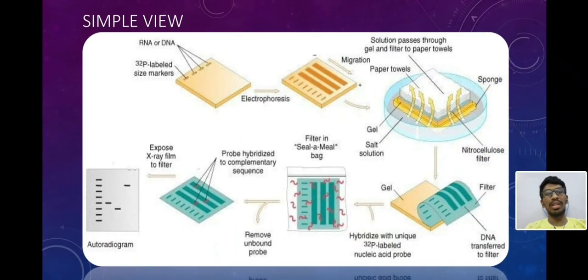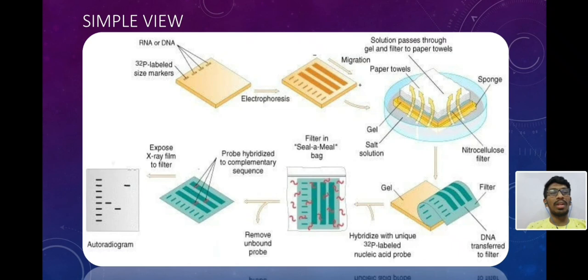See, first the DNA sample is taken and by using restriction endonuclease, it is cut into pieces and then placed on the agarose gel plate, and then by the addition of alkali, we separate the DNA fragments by their size. A nylon membrane is placed upon the agarose gel plate, and both the plates are placed in a beaker with salt solution, and Whatman filter paper is placed upon the nylon membrane and a weight is placed.